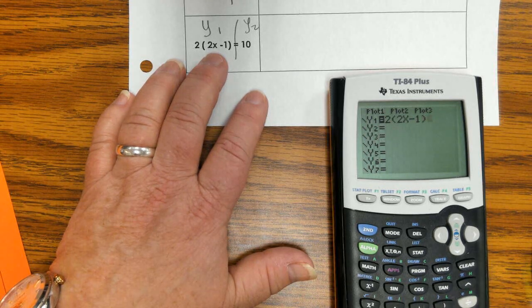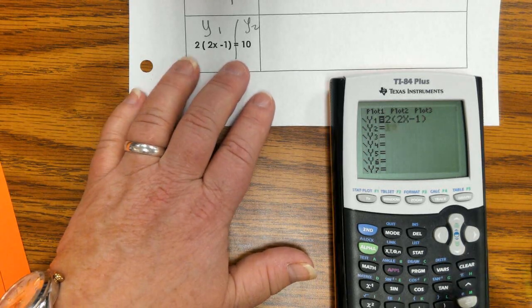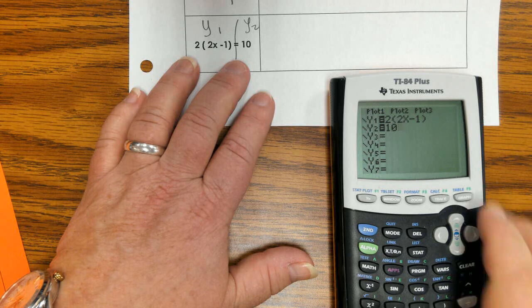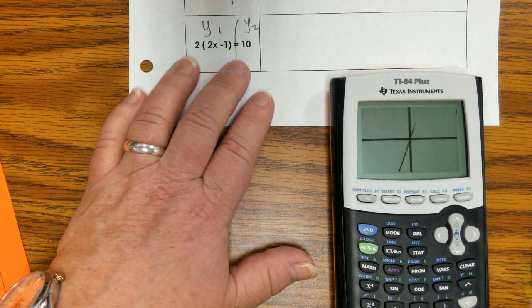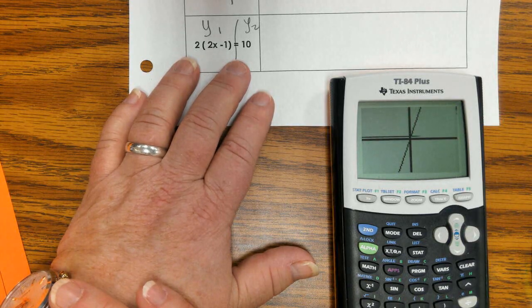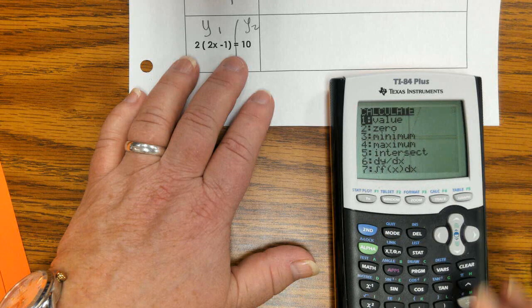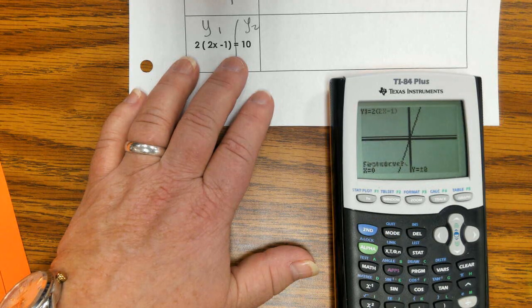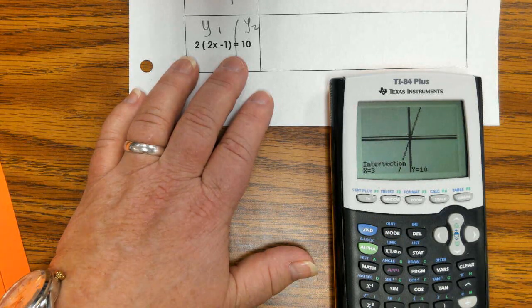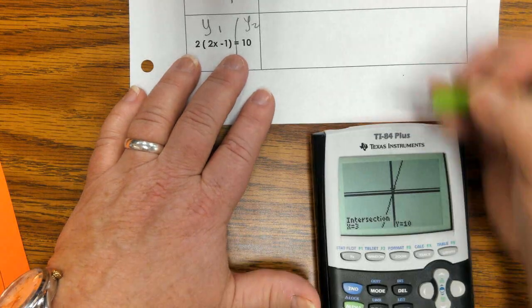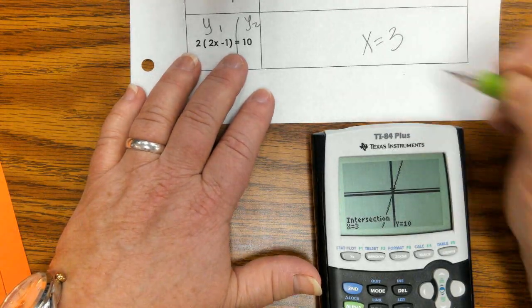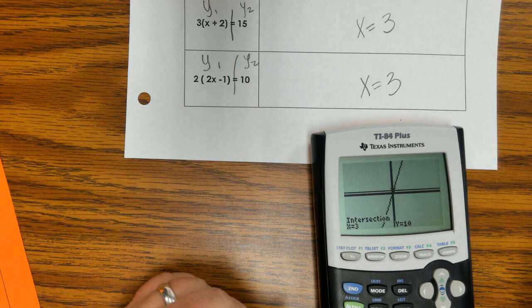Close your parentheses, go down and put 10. All right, hit graph. There are my 2 lines. Hit second, trace, 5, enter, enter, enter, and you end up with x is equal to 3. Oh, all those answers were very close, okay?